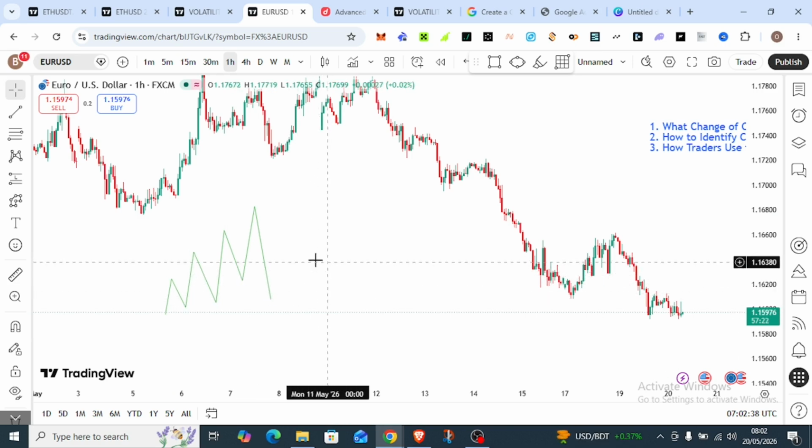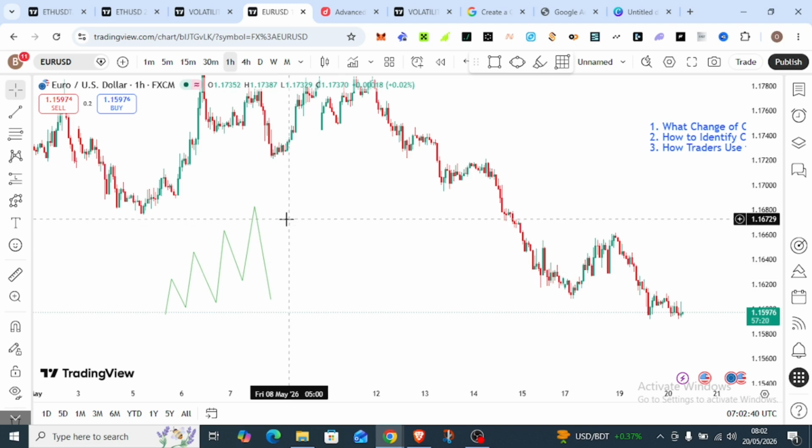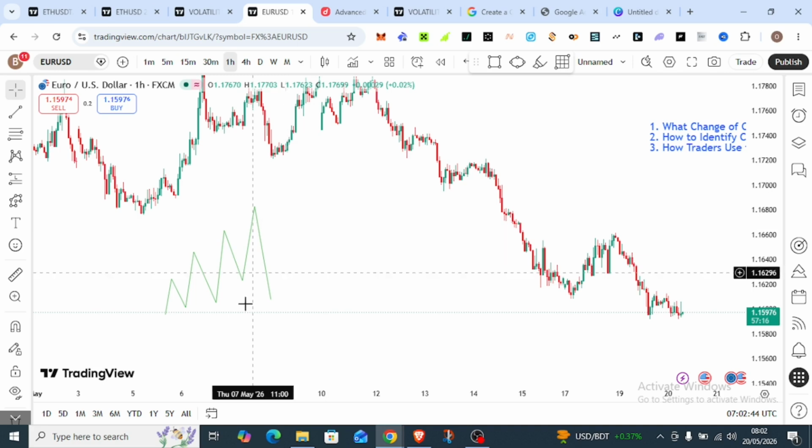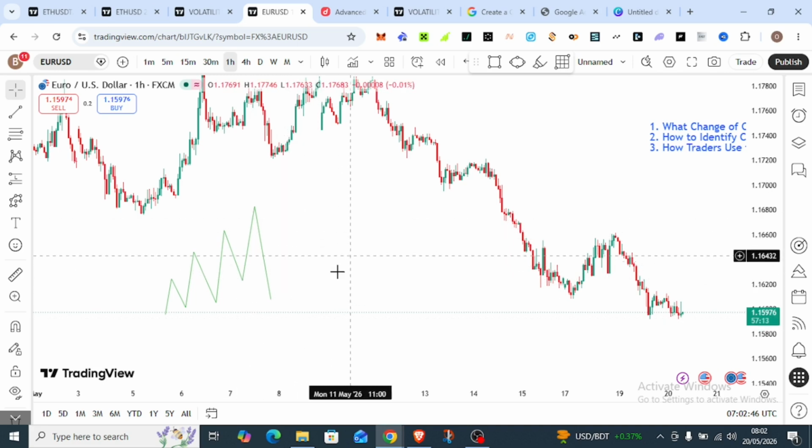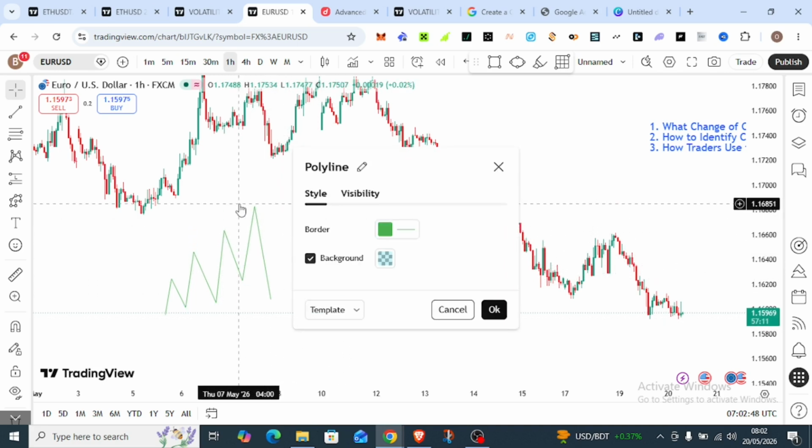This is a sign that this uptrend is weakening and may likely not continue, may change to a bearish trend.